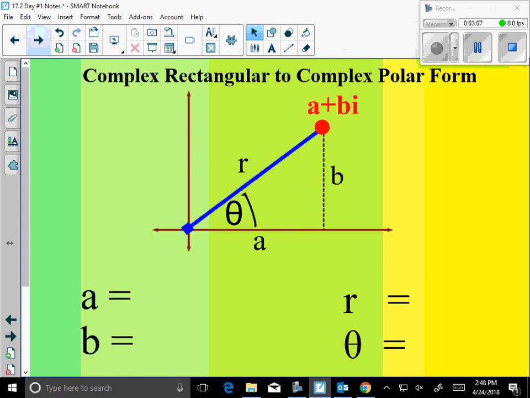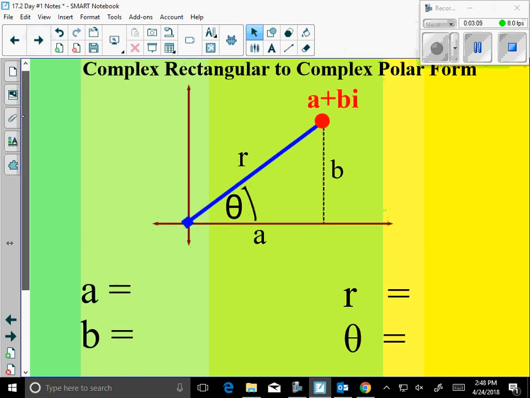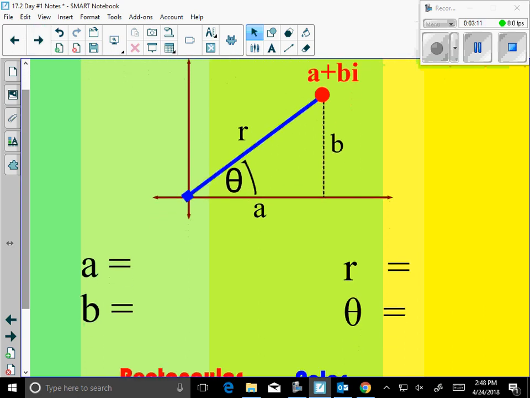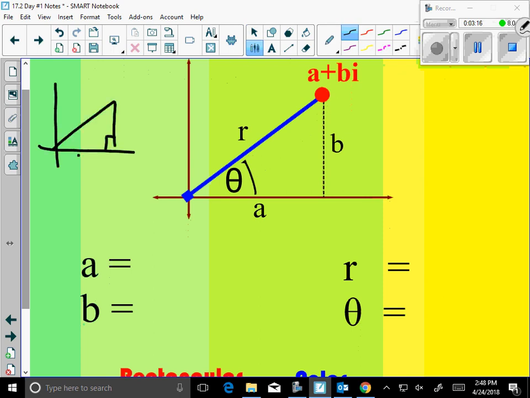Okay, here we are. This is the big deal for today. Complex to rectangular polar form. Okay, so we're used to seeing this, right, where x and y gave us some value r. Here's theta. Today we're going to use a lot of the same ideas in a different form. We said here that x equaled r cosine theta, and we said y equaled r sine theta.